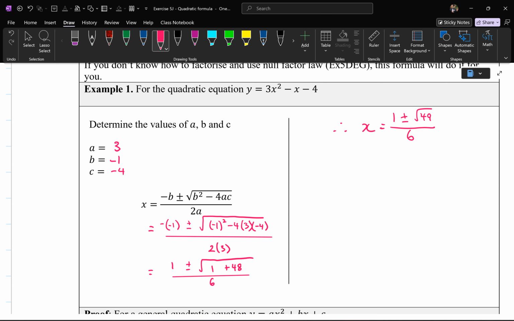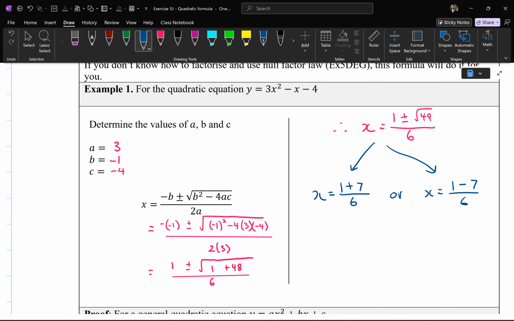Now that plus or minus, for the mainstreamers the first time they see it, it gets a bit scary, but all it really means is that you have 2 possible x-intercepts. You have x is equal to 1 plus root of 49, which is 7, over 6, or your second x-intercept could be 1 minus 7 on 6. So root of 49 is 7.